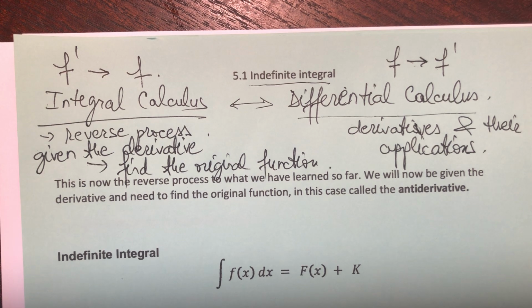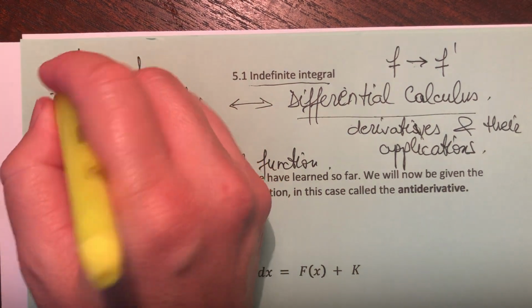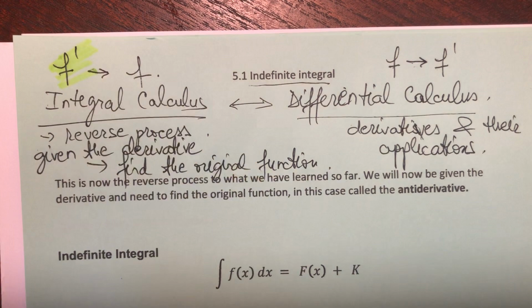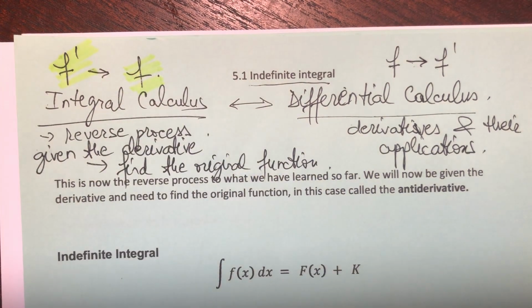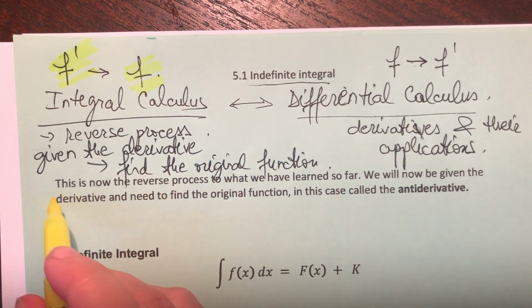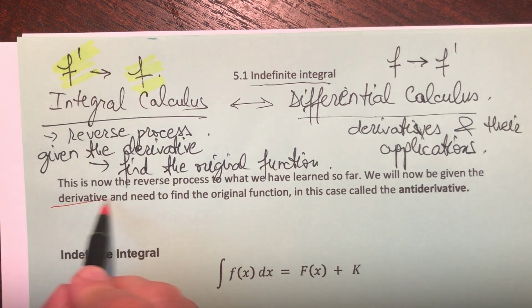So given the derivative, we are starting with a derivative, and we're going to want to find the original function. So how do we find that? Now, this is the reverse process to what we've learned so far. We will be given the derivative, so given the derivative, we will need to find the original function.